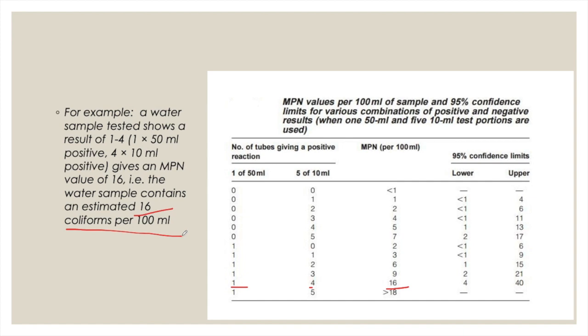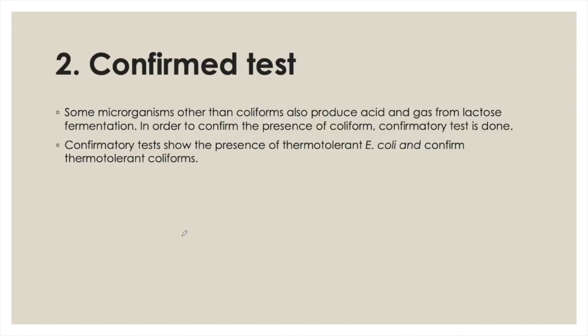After the presumptive test, if some positive results are obtained, we go for the confirmed test. Why do we perform the confirmed test? I am not discussing it in an elaborate manner, but you should know about it. Some microorganisms other than coliform also produce acid and gases from lactose fermentation, so we cannot be sure that a positive result is because of coliform bacteria only.